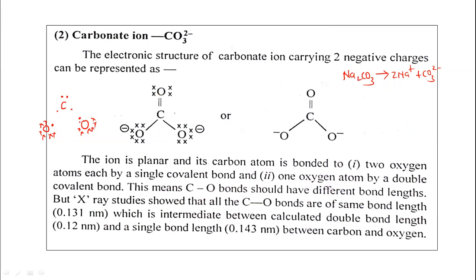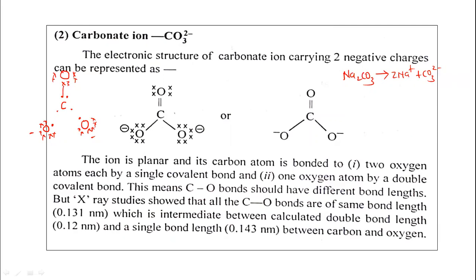One electron should be onto this oxygen, one electron onto this oxygen, so it will acquire the negative charge because an extra electron is present there. 7 electrons now here, and similarly on this oxygen atom. This oxygen atom has valency 6. 3 oxygen atoms are there.